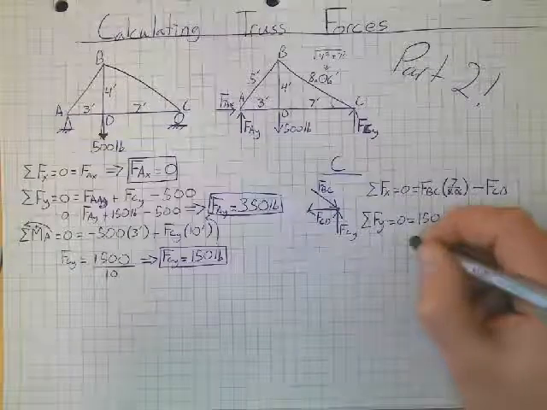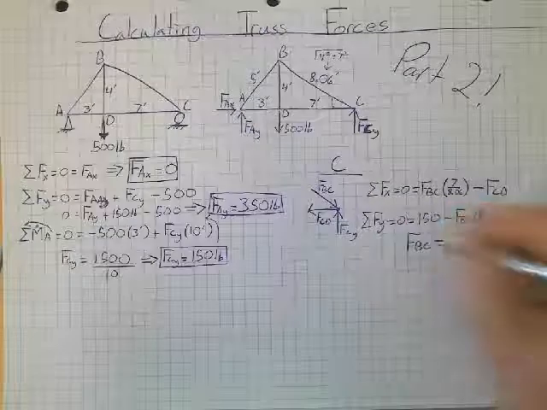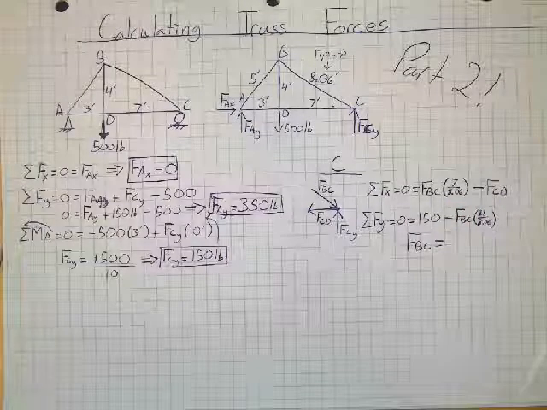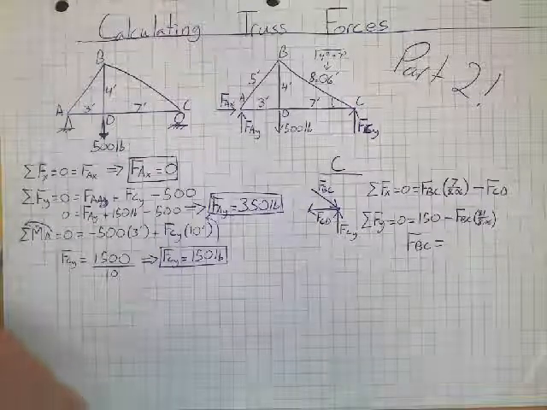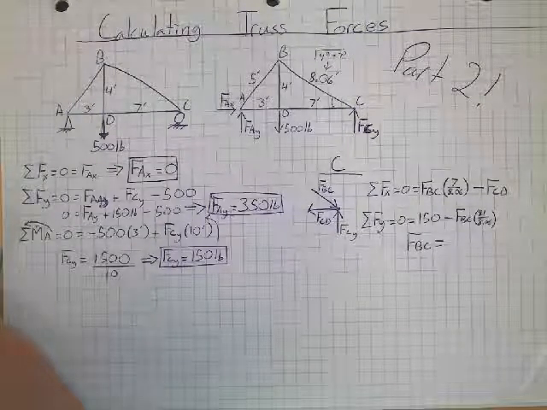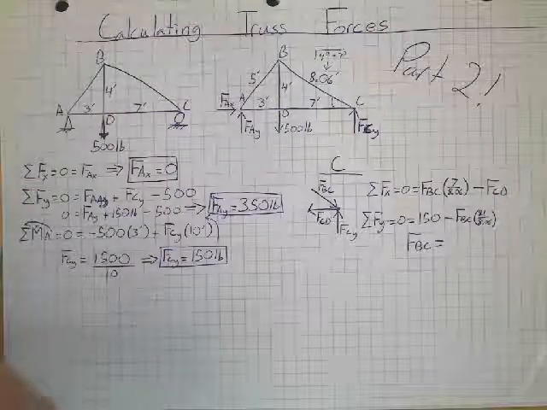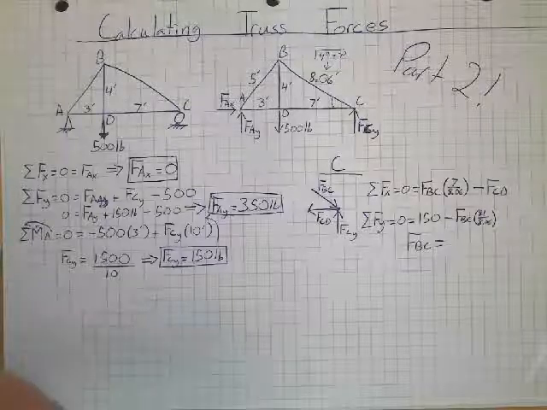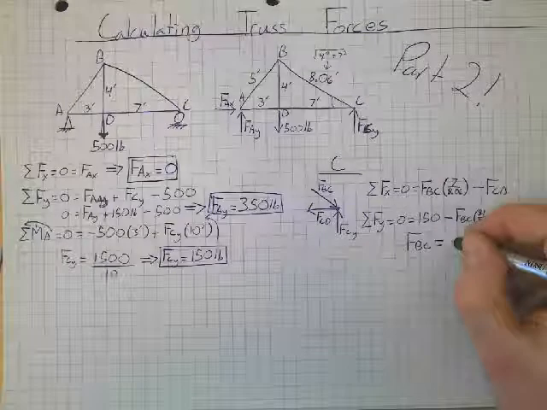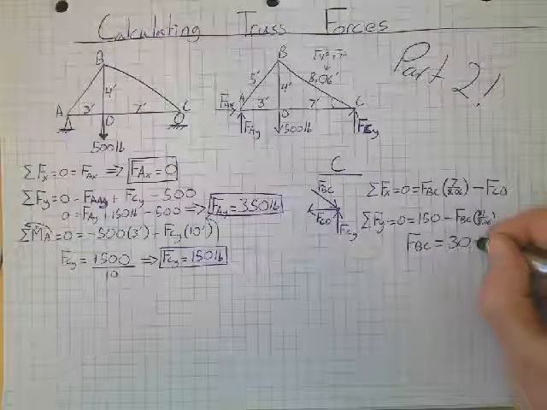And so with that, I get FBC is equal to 150 divided by 4 divided by 8.06. And I get FBC equal to 302.3, let's call it.